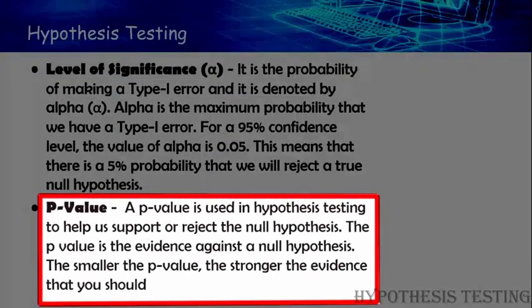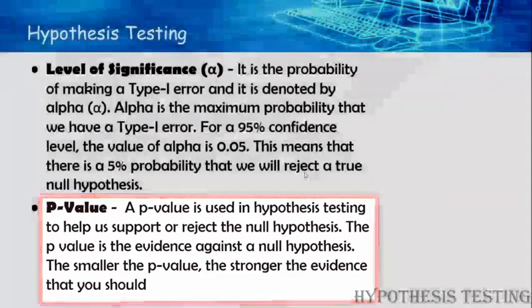And we have something known as the P level. A P level is used in hypothesis testing to help us support or reject the null hypothesis. It will tell us whether we are likely to accept or reject it. The P level is the evidence against the null hypothesis. The smaller the P level, the stronger the evidence.